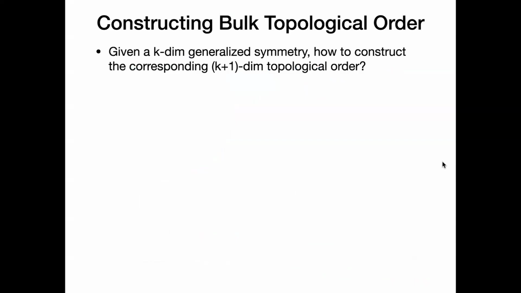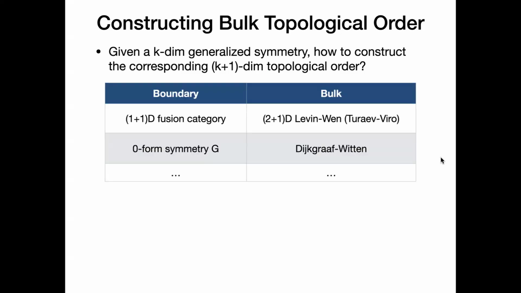So since this framework is useful, a natural question is that given a k-dimensional generalized symmetry, how can we identify the k plus one dimensional topological order that hosts the symmetry on its boundary? And people already have many well-established examples.